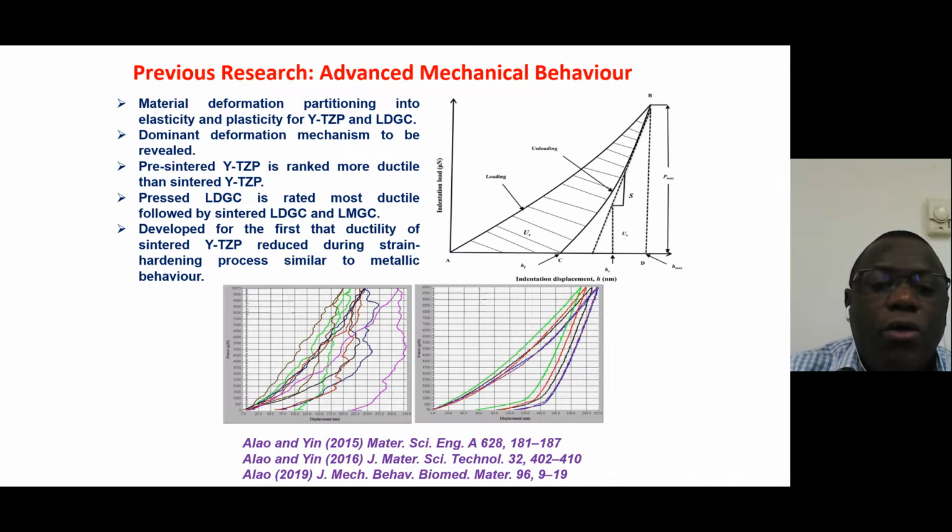Now, I conducted what is known as advanced mechanical behavior of material. That is, by partitioning a particular mechanical behavior into elasticity and plasticity in order to know the dominant deformation mechanism, so that the deformation that dominates will account for how it will be processed during mechanical processing.